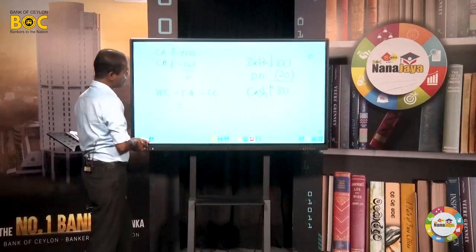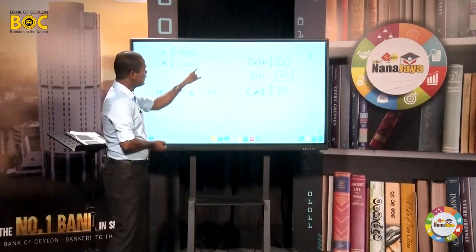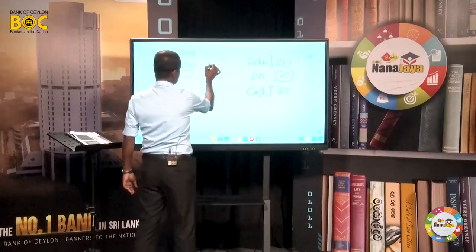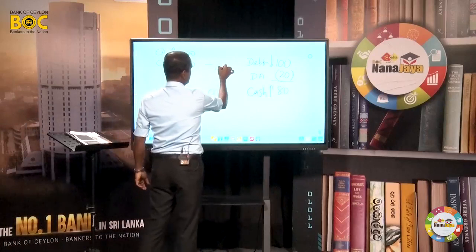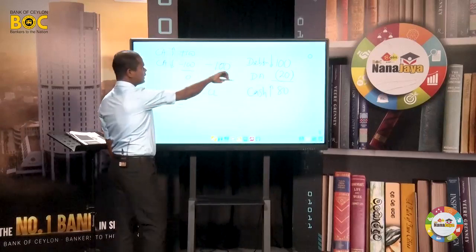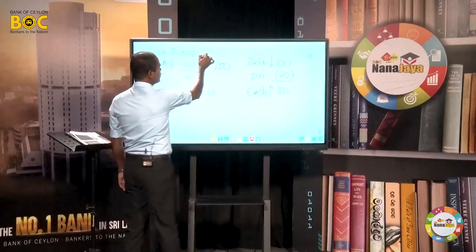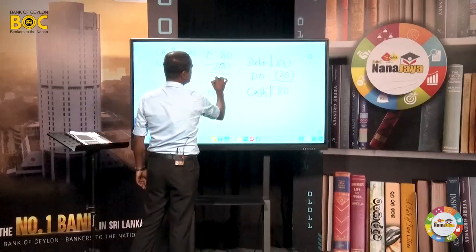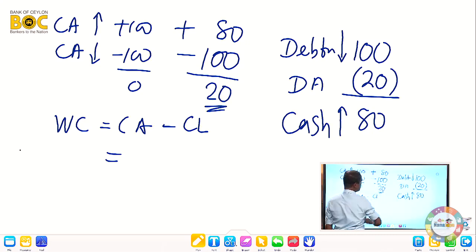Why? Your debtors decreased by 100, current assets decreased by 100, but the current asset, cash, increased by 80. Now there is a difference.